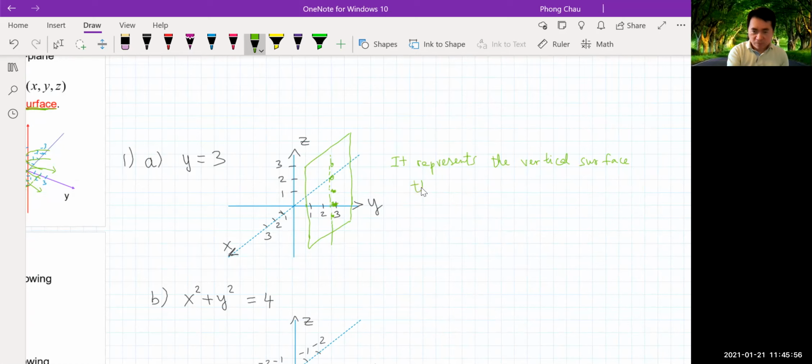We usually reference one of our coordinate planes, the XY, XZ, and YZ plane. In this case, you're going to see that this is actually parallel to the XZ plane.